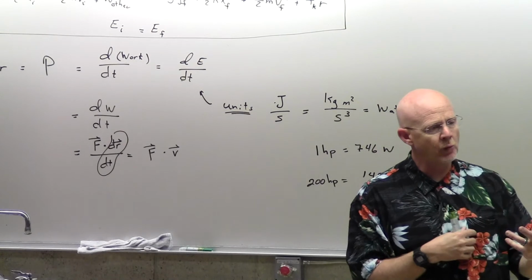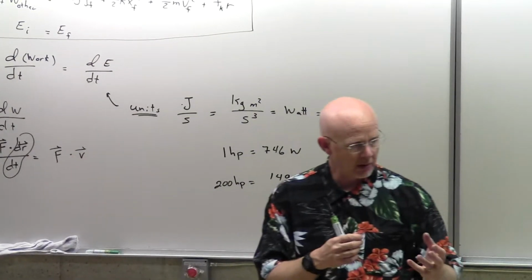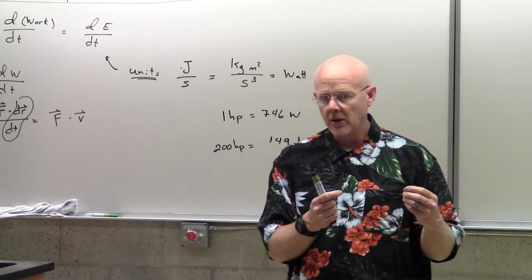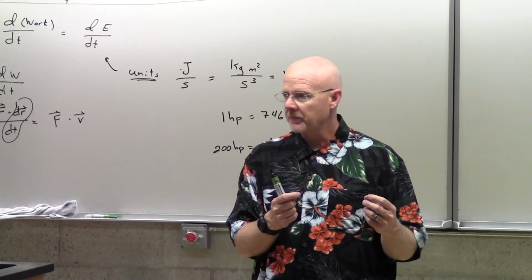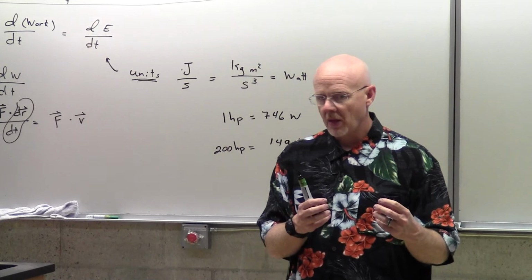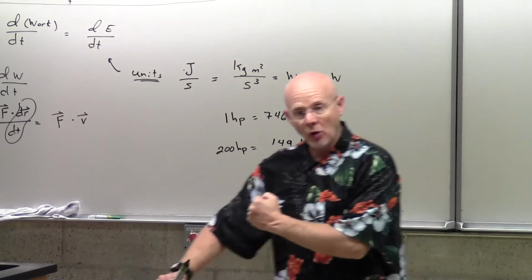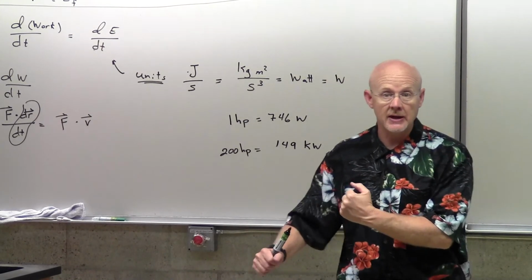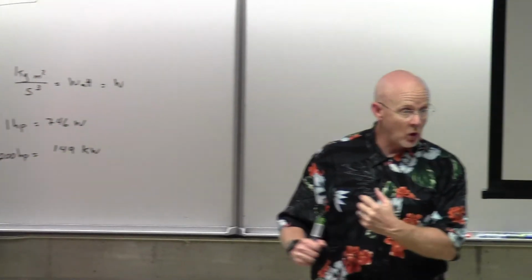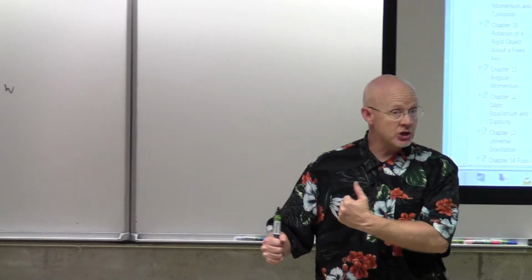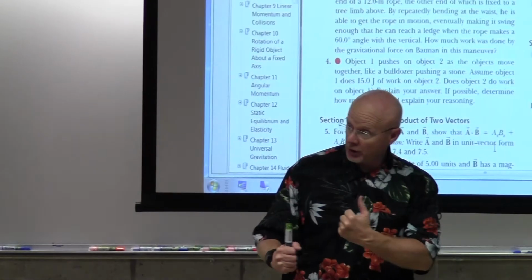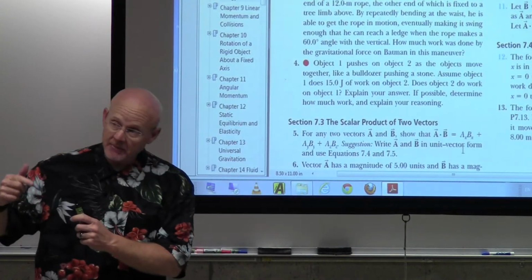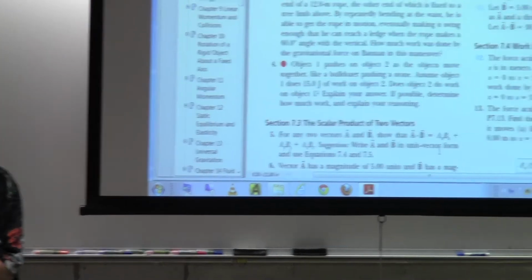What does positive work tell me? Yeah, remember when we were pulling on that box, if the angle was less than 90 degrees, that was positive work. In other words, if you pull it in the direction it's moving, isn't that positive work? And we know from previous chapters that if you pull something in the direction it's moving, doesn't that tend to make it go faster?